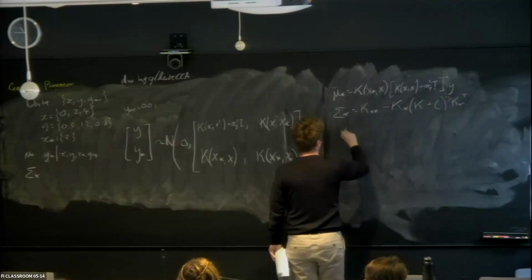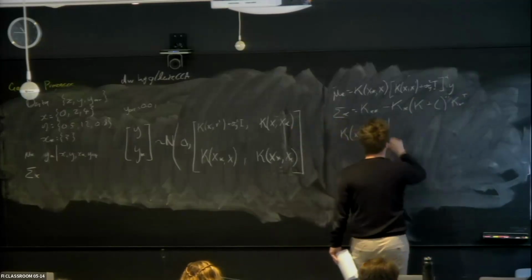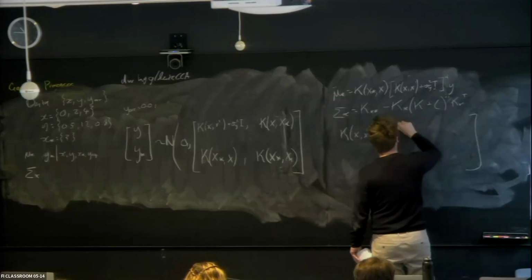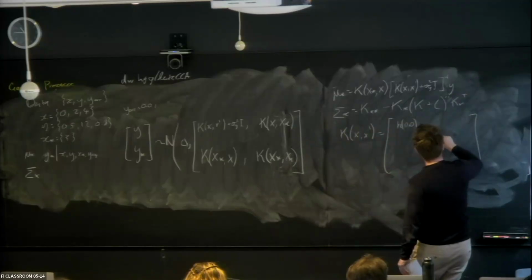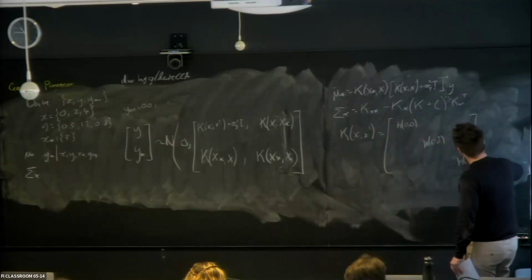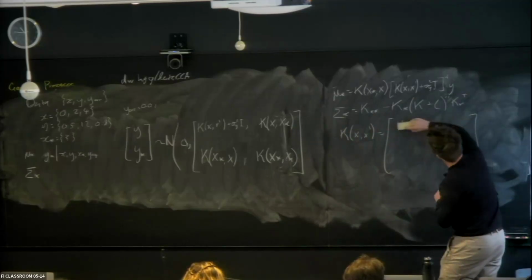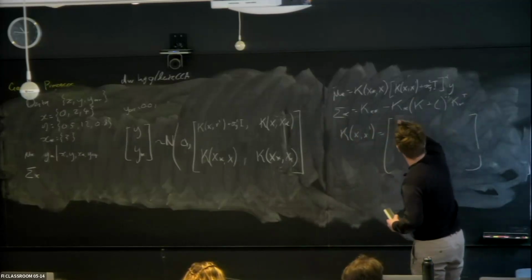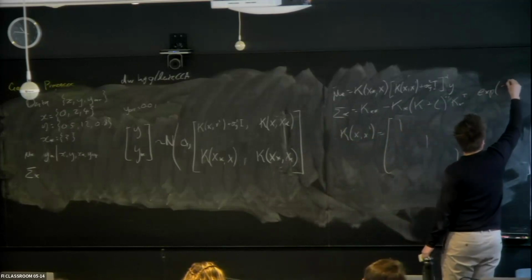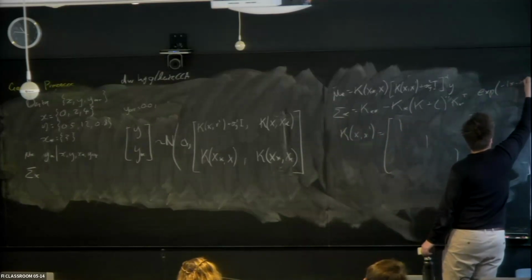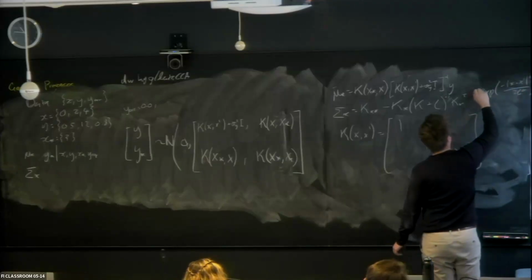Okay, so K of x star, so at the locations of the data. So this is going to be K at 0, 0, K at 0, 2, K at 0, 4. Of course, the diagonal is all going to be 1, because I've removed the sigma term; it's exp of minus x minus x prime squared over 2L squared, with a sigma squared at the front.